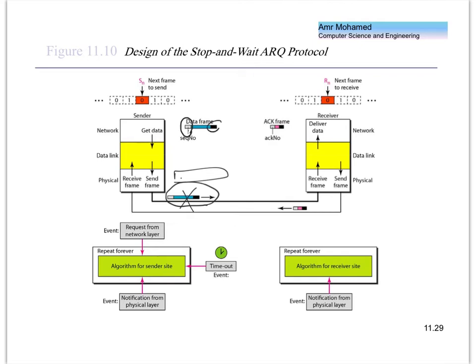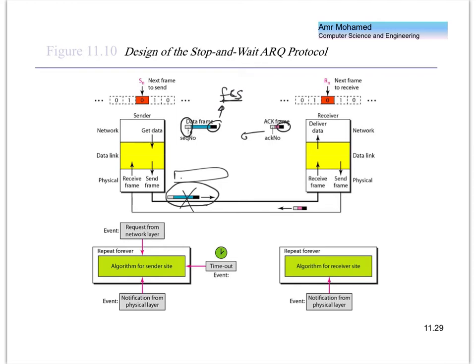And we have this blue one, which is the frame check sequence, right? This is the frame check sequence which will allow us to detect the errors or the changes in the data. So if the frame arrives but in error, we use the frame check sequence. If the acknowledgement arrives but in error, again we use the frame check sequence in the acknowledgement.